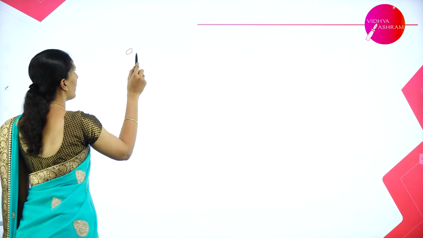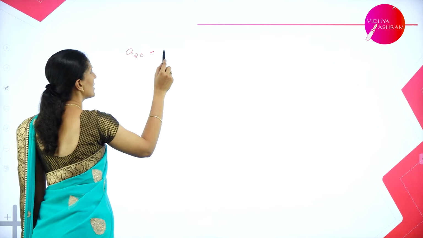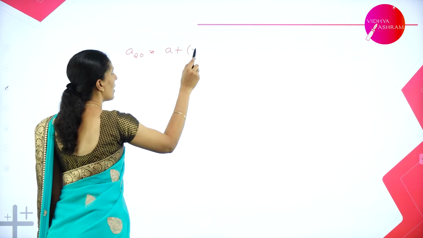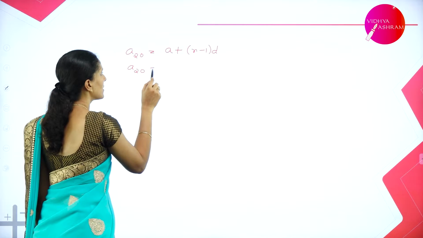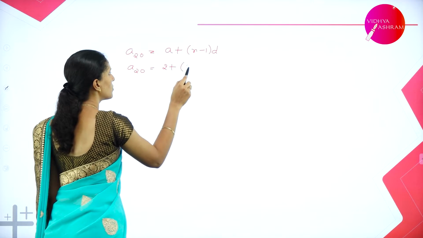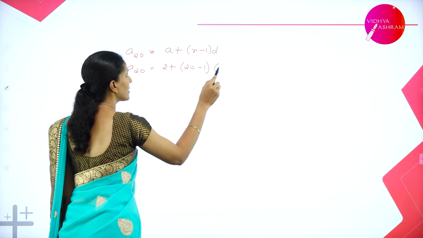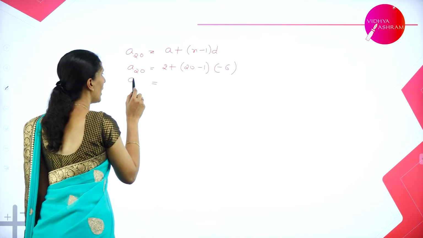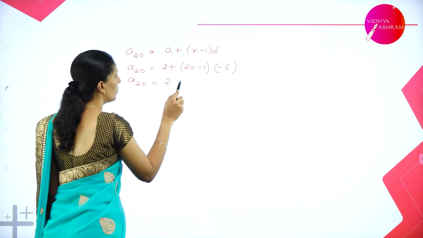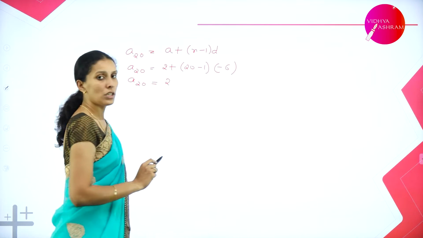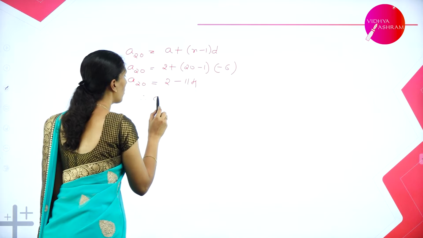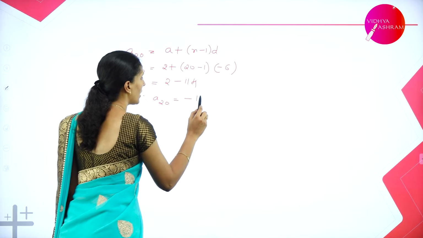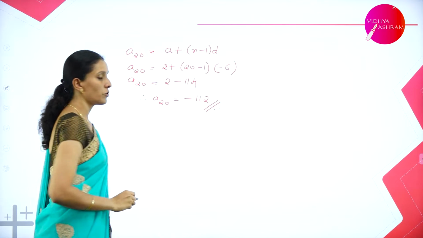So A20 can be written as A plus n minus 1 into D. So therefore A20, A is given 2 and this is 20 minus 1, D is given minus 6. So A20 is equal to 2 minus 19 into 6, which is minus 114. So therefore I got A20 is equal to minus 112. So this is the 20th term. Hence we have proved it.